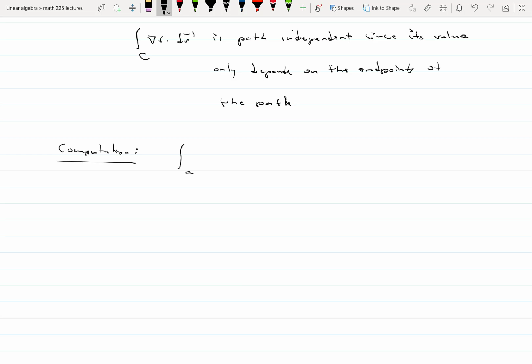The integral along the curve C of the gradient of f dot dr equals the value of the function at the endpoint r of b, let's say x2, y2, z2, minus the value of the function at the initial point, x1, y1, z1, in R3.